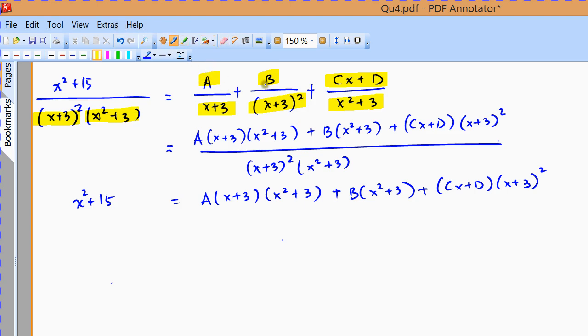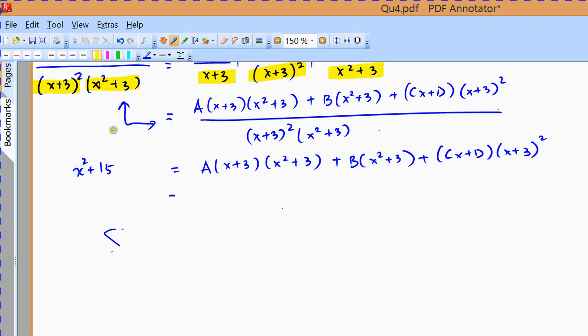Now I have added the three partial fractions using a common denominator, and now when I compare these two, I notice that the denominator is the same, so I can equate the numerator. Now I'm going to expand some of these so that it's easier for comparison. So we have x cubed plus 3x squared plus 3x plus 9.